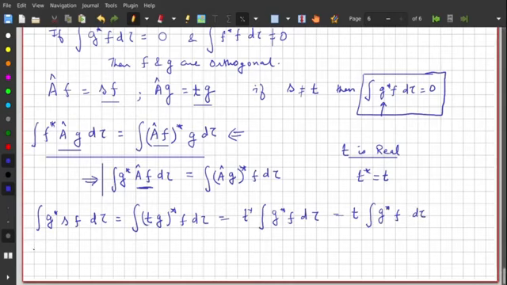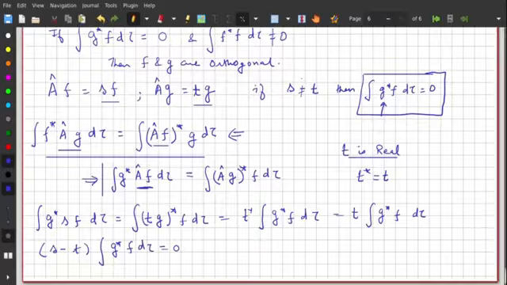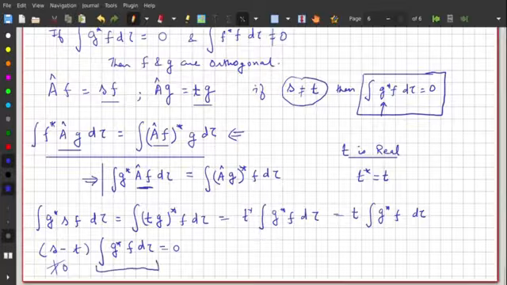So therefore what we have is (s minus t) times the integral of g star f d tau equals 0. And since we already said that s is not equal to t, that means s minus t is not equal to 0, so the only way this can be 0 is if the integral is 0.